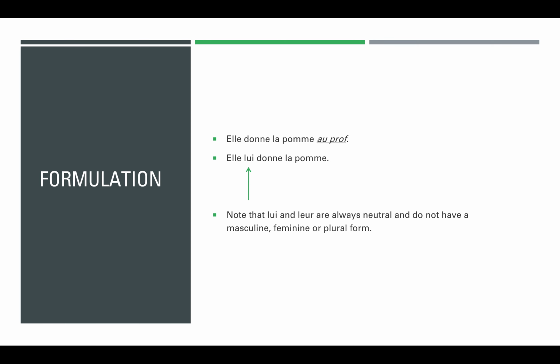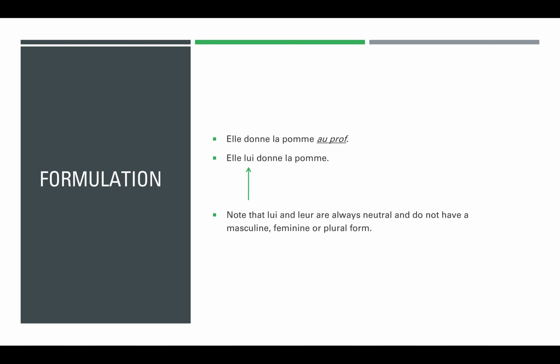And if there are two verbs, one's conjugated and one's the infinitive, it's going to go in front of the infinitive. Okay, we do have examples of that. If it's in the passé composé, remember that in the passé composé, the conjugated verb is avoir or être. It's not the past participle.